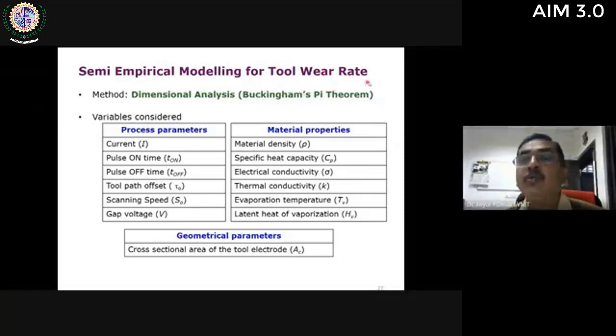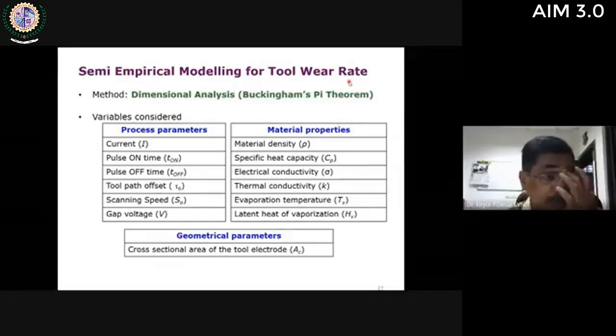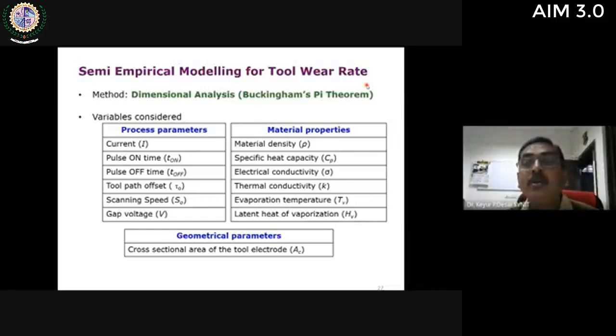And for wear of the tool, we know that electrolytic copper, the tool is to be saved properly, the end surface should be given proper treatment, and then it can be used for the purpose of machining. So tooling cost is a bit higher for electrodischarge machining. And as far as possible, if we control the tool wear, then the same tool can be used for a prolonged period, and tooling cost per component will reduce somehow.